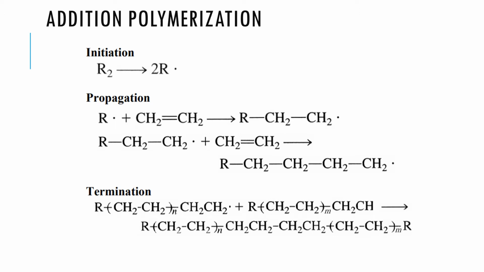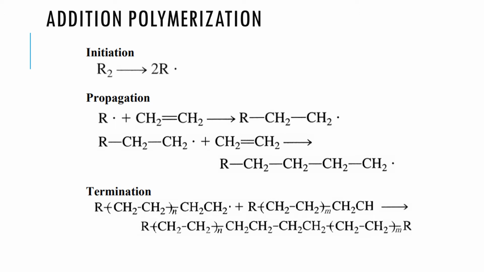Now, I show you that schematically there. You can see that in that initiation step, right at the top of this slide, we form a free radical. And that radical is able to go on to the propagation step and react with a monomer. So the monomer here is ethene.